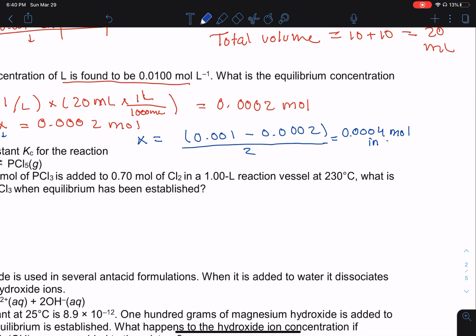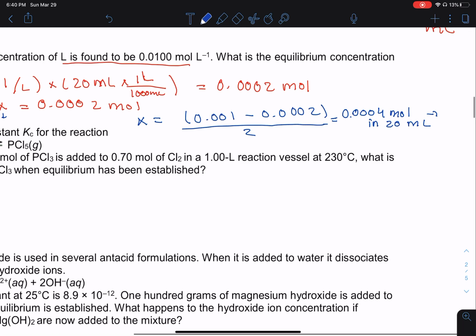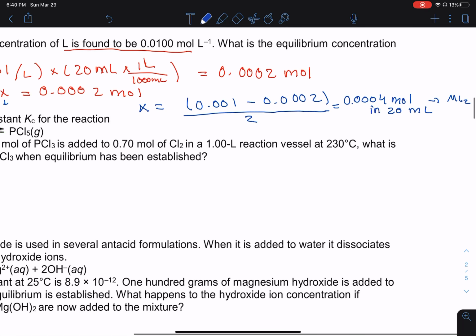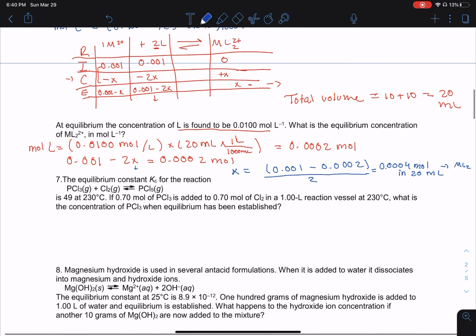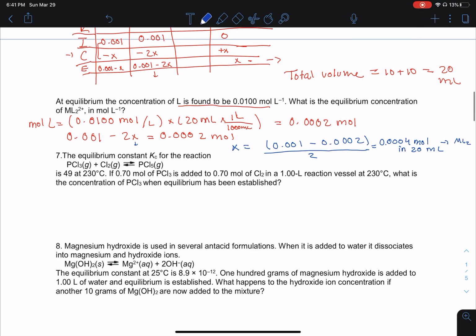And 20 mL for ML2, right? But that gives us the moles, and remember we're trying to figure out the concentration.